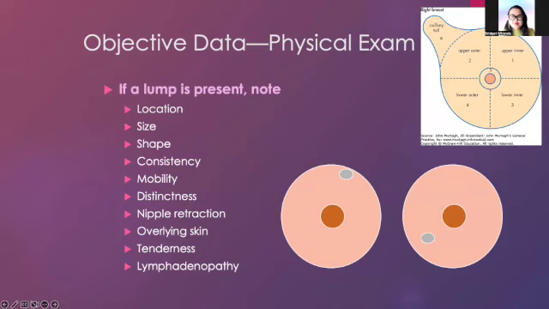There is a table within your Jarvis textbook that does a great job at helping you differentiate cancerous breast lumps from other common types of breast lumps. We are not going to be tested on them, but if you want a little bit more knowledge in this area, that would be a good place to start.